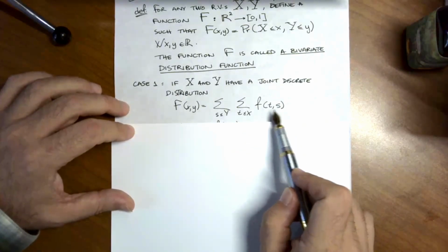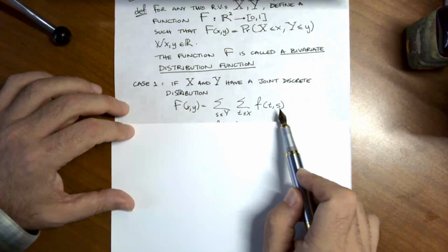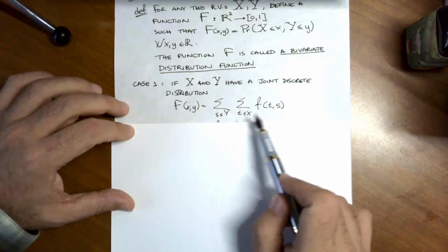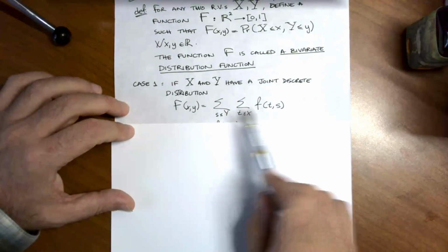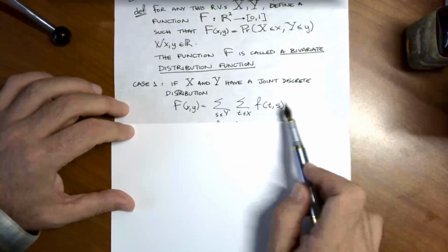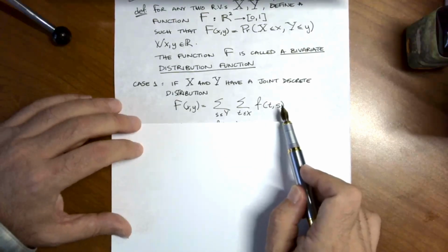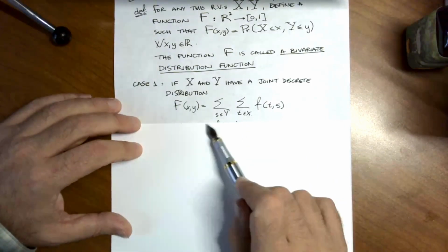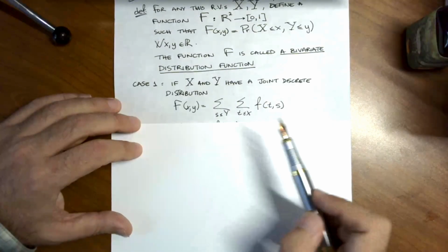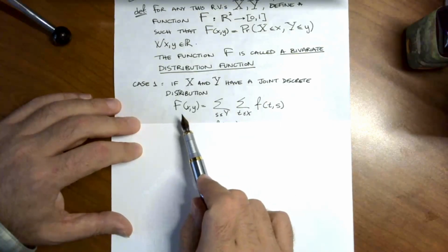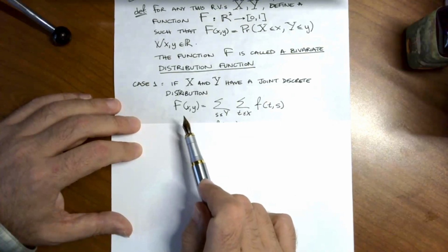Notice here that I am playing around with the notation because I want x and y to be introduced into this expression as you are summing things up to a specific value x or a specific value y, and appear in your distribution function, right?